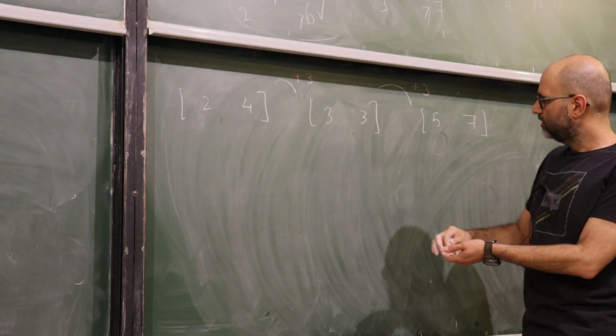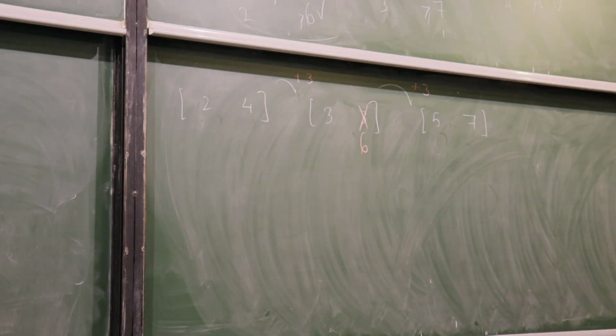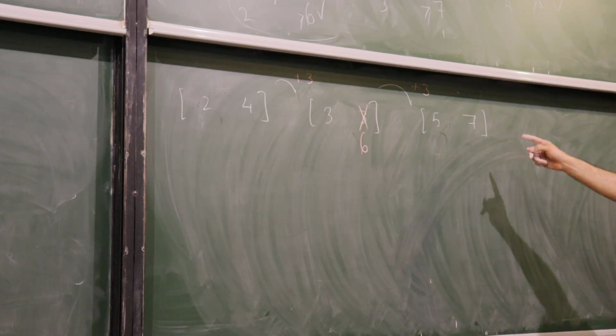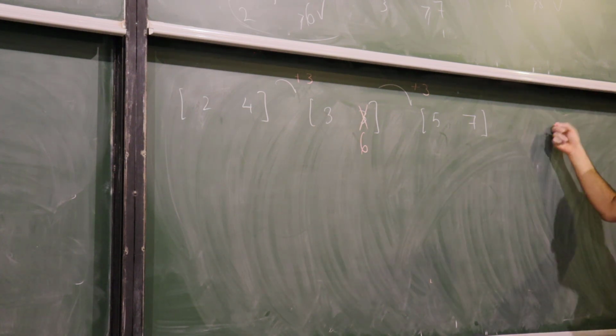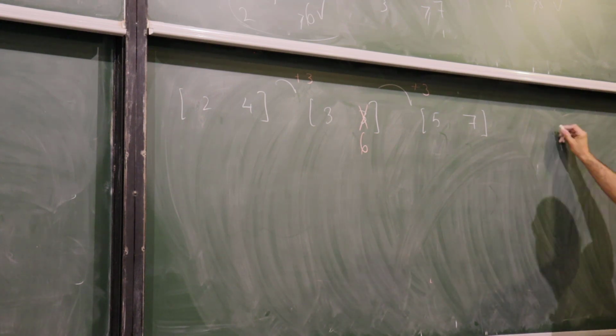Oh, this is 3 and 6. Yes, sorry about that. That's 3 and 6. Repetition is not allowed. So 2 and 4, 3 and 6, 5 and 7. Okay, we are good. So 6, 9, 12. And if we went on, this is going to be 6, 9, and so on. So this is how pairs move.